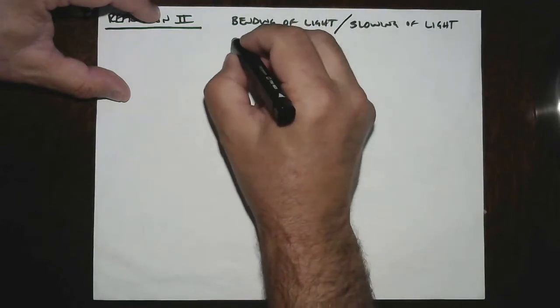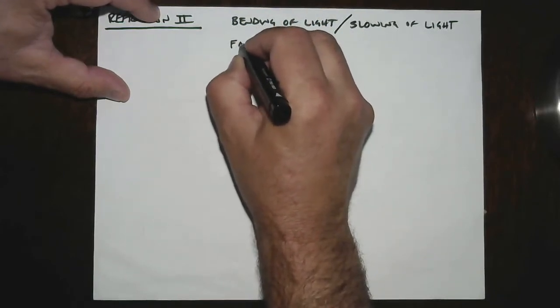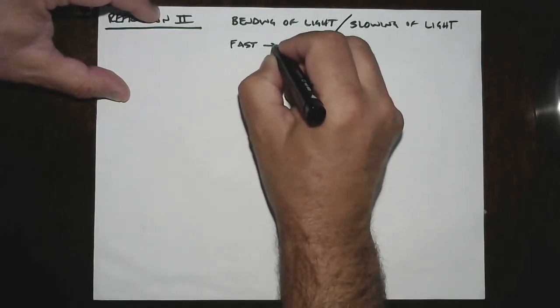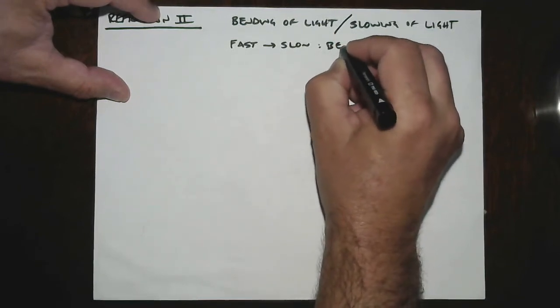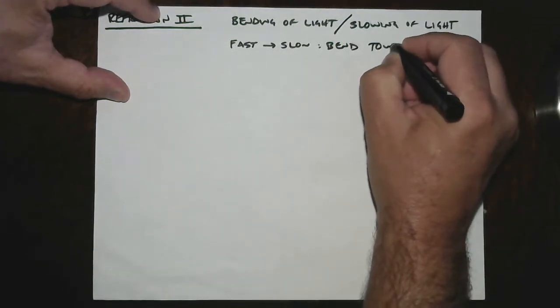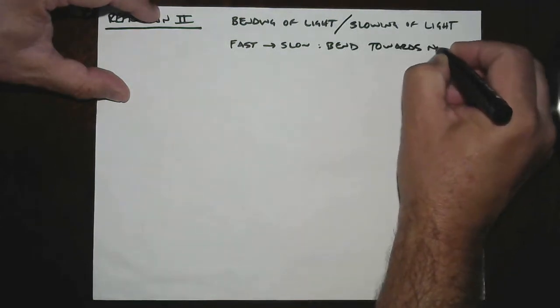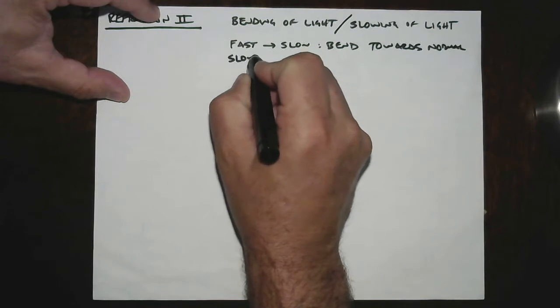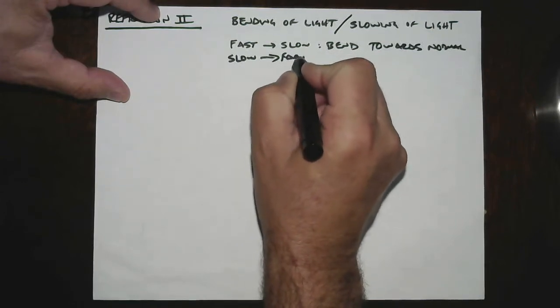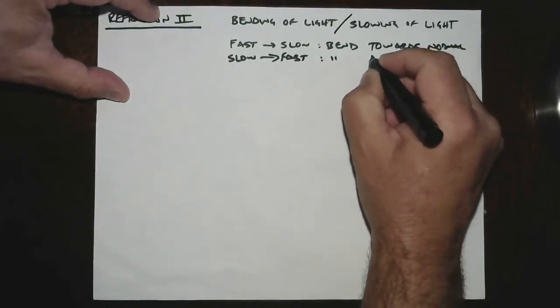In terms of this bending, if you're going from a fast material to a slow material, we're going to bend towards the normal. And if we're going from a slow material into a fast material, we're going to bend away from the normal.